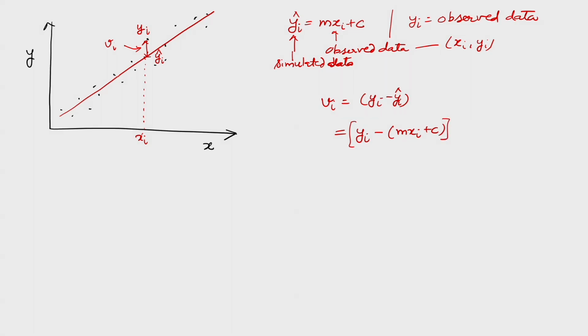You can see for this point, this term will be negative, and for this point it will be positive, right? So I want to take care of both the things, and as a result I'll make the square of this term, Vi square, which is nothing but yi minus m xi plus c whole square, and then I make the summation for all the points.